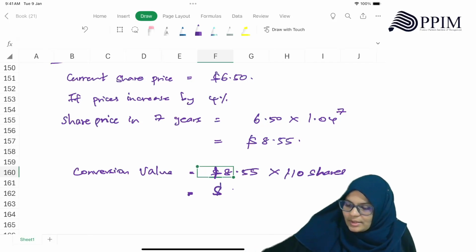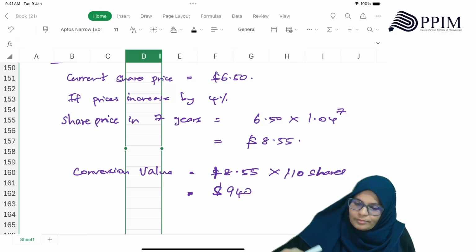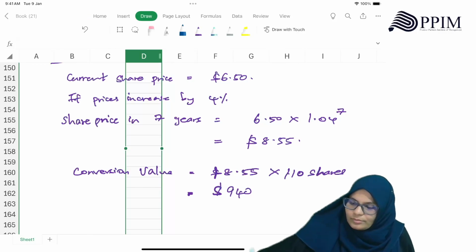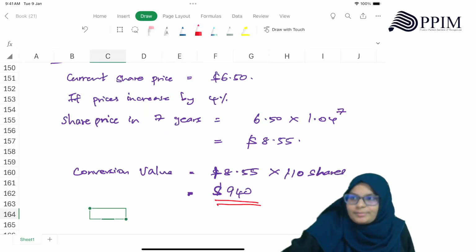Conversion value is $940. Now, what do I compare this 940 with? If the conversion value is 940, how do I decide whether I am going to convert or whether I am going to redeem? If I convert, that means for every loan note, I will get $940. That is very clear.